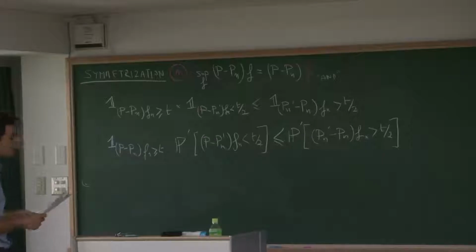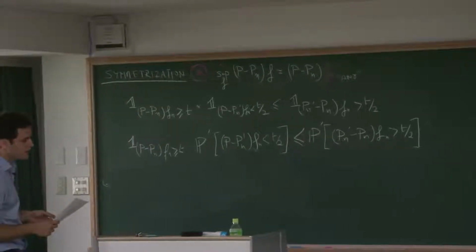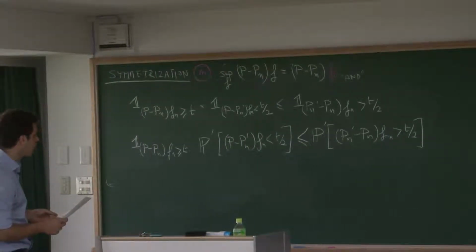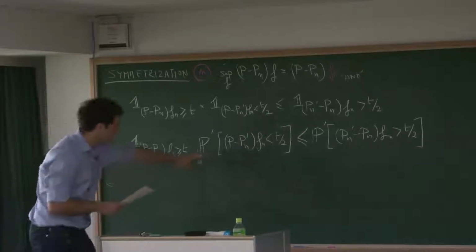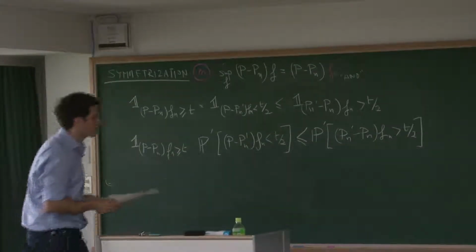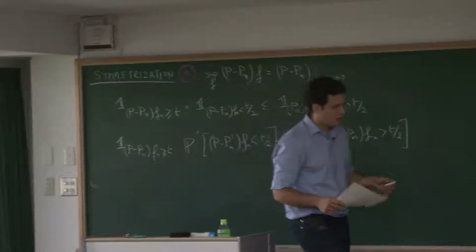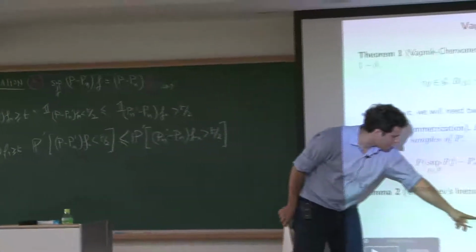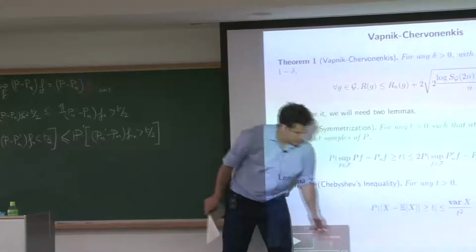So now if you directly consider Chebyshev's inequality on the first term here, you're basically averaging the gap between this and this here.